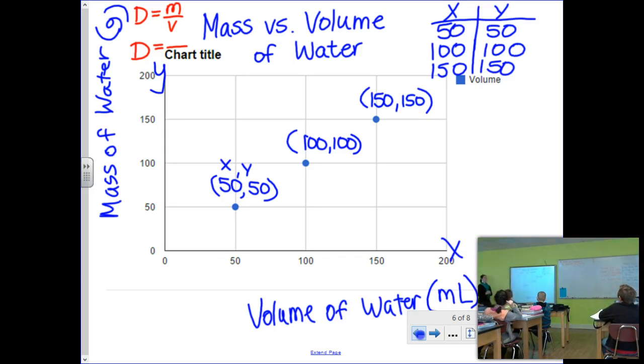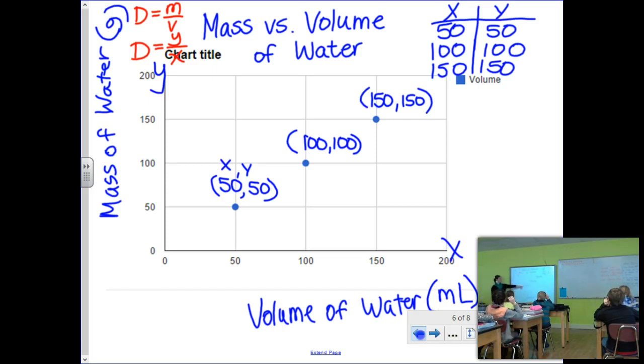X and Y. Now the trick is, which one goes with which? Does the X go on the top or does the Y go on the top? Y. Why? The Y is where our mass is. So then our X is going to go on the bottom.